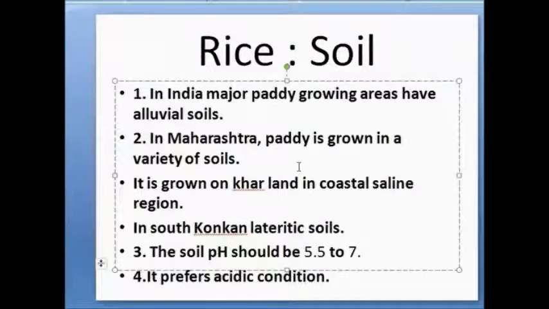But if the pH goes above 7, meaning the soil becomes alkaline, it may affect the growth of the plant. So paddy production prefers acidic soil conditions.